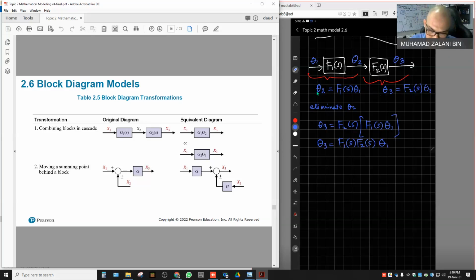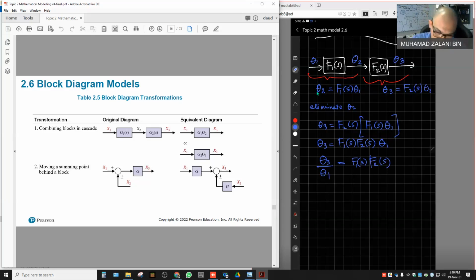If I take the ratio of output and input, theta 3 divided by theta 1, it equals F1(s) F2(s).